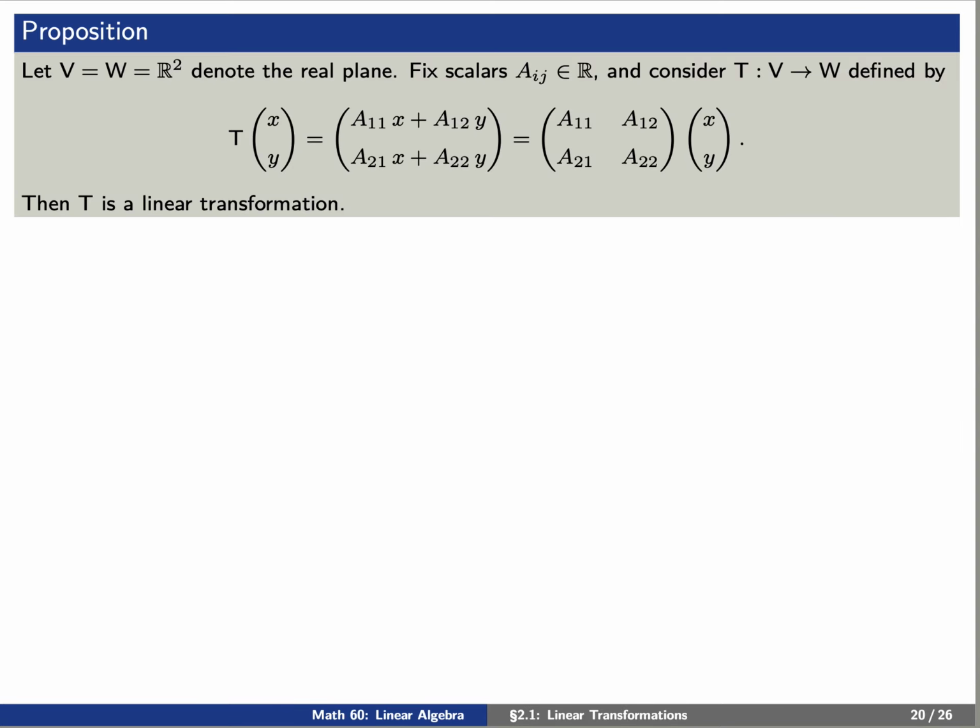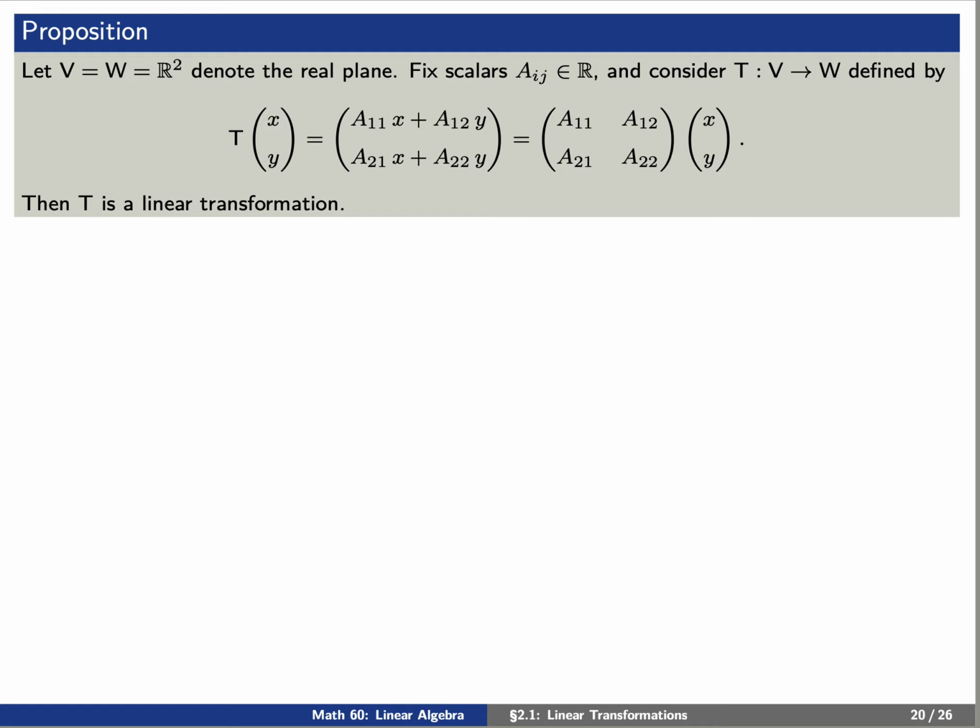Let's end by going over an example so we can get a better idea of what this looks like as we bring it a little bit more down to earth. Let's say that V and W are both R2, namely the real plane. Let's fix four scalars, A_ij, and let's consider the following map.